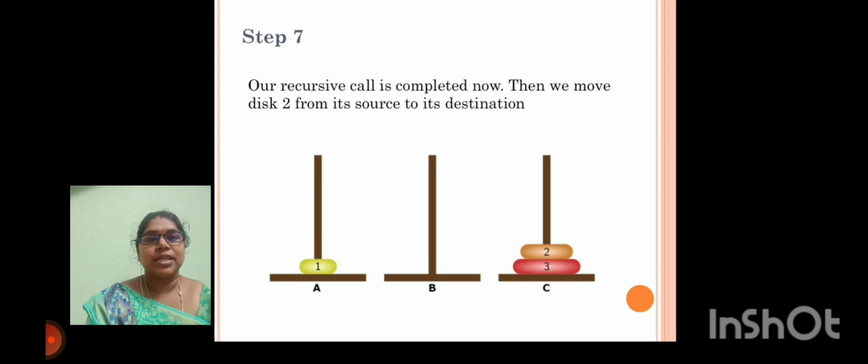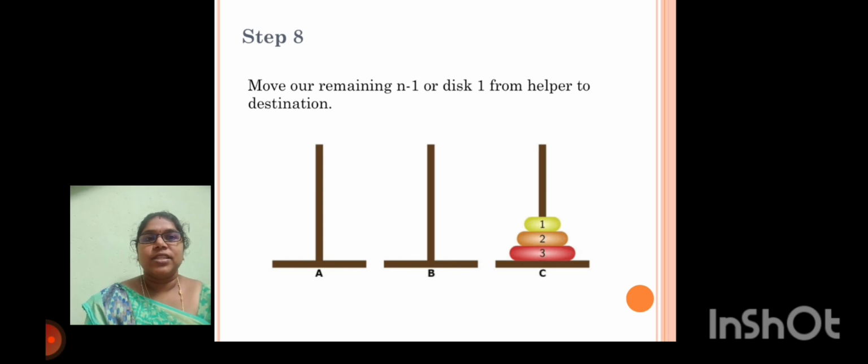Only one remaining disk is placed in the helper peg A. Now we move the disk from A to C. Now all the disks are placed in C. This is the final stage. So this is the transferring method which is used in the Towers of Hanoi problem.